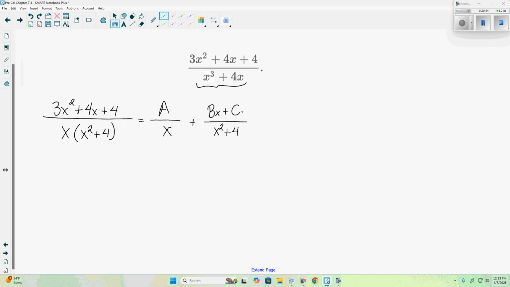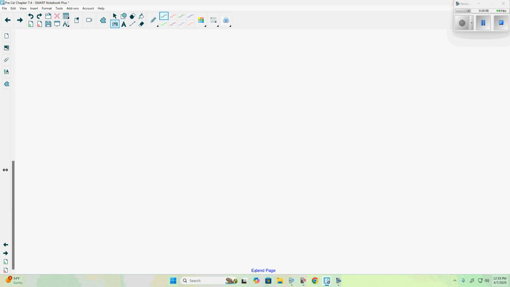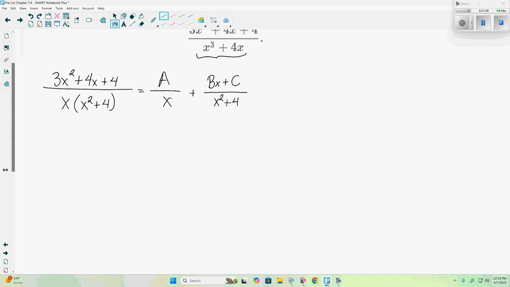If it was a cubic, like x cubed plus 4, on top we'd have ax squared plus bx plus c. Questions on this here? Questions on how we got this set up? Now, at this point here, we're going to do the same thing we did on the last one. We're going to multiply this by the denominator of our fraction.